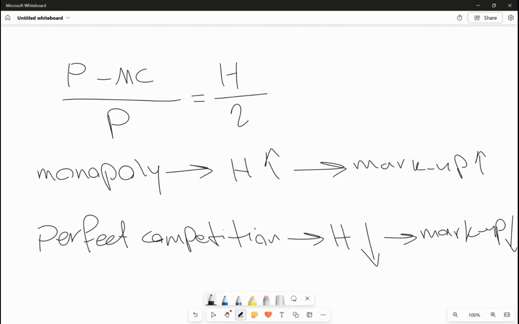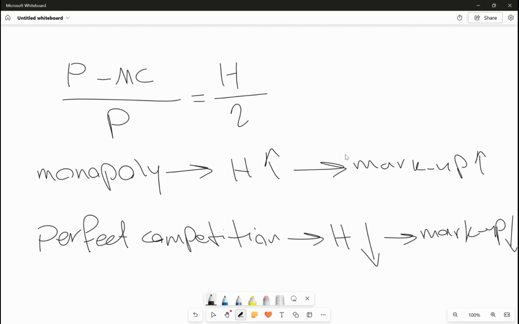To summarize the assumptions, first of all, we have homogeneous products under the Cournot duopoly. We also discussed that the market demand is downward sloping and known to both firms. In a generic form, the market demand is P = A - Q, where A is a number and Q is the total quantity produced in the industry. Since we have two firms, firm 1 is producing Q1 and firm 2 is producing Q2, so capital Q is Q1 + Q2.